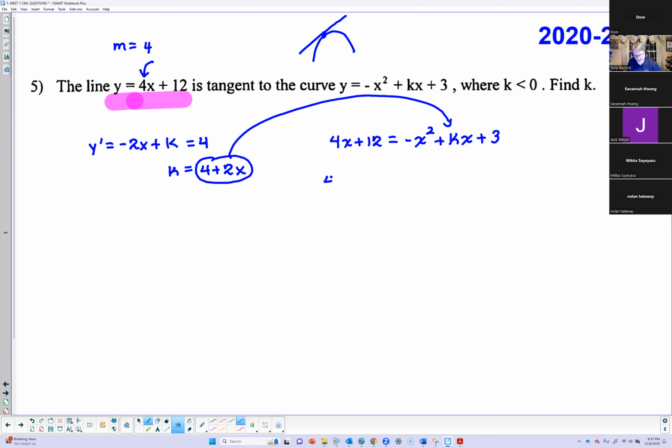I'll do the first step here for you, but I think most of you see what's about to happen, right? You're just going to replace this k right here with 4 plus 2x. And then you're just going to solve this equation.